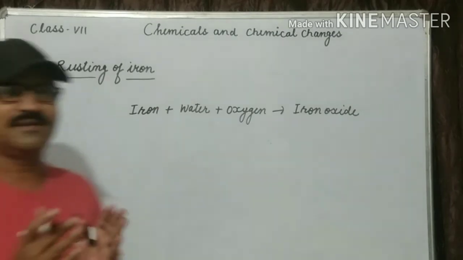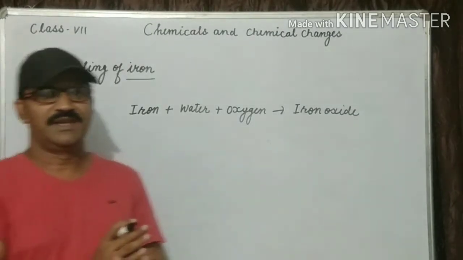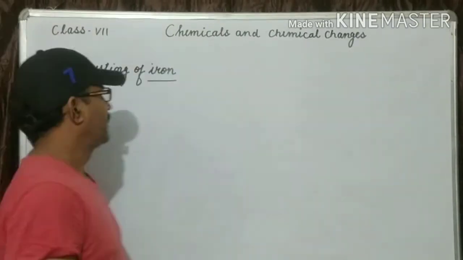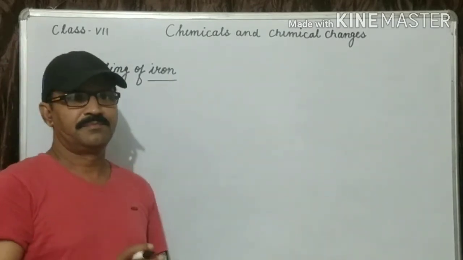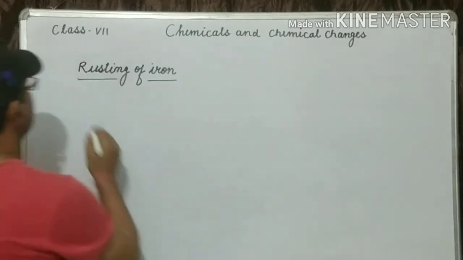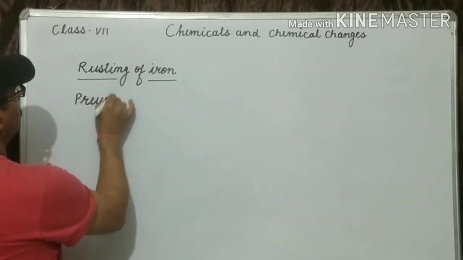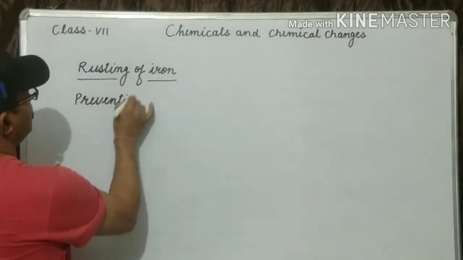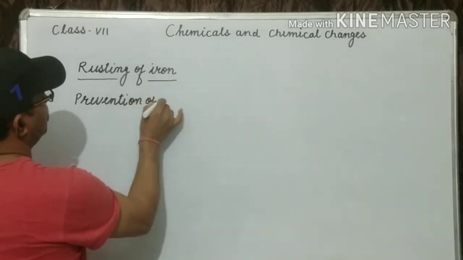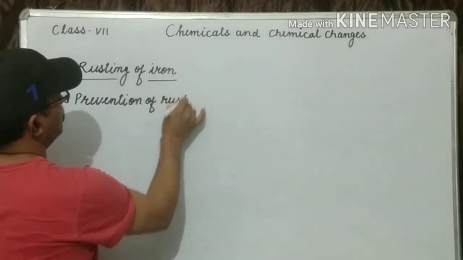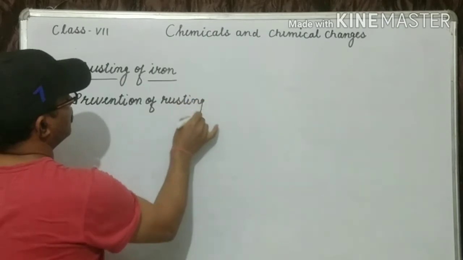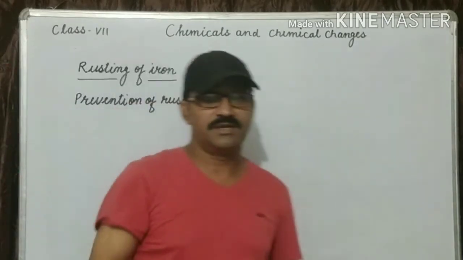Second is prevention. How can we prevent the rusting of iron? Prevention of rusting.